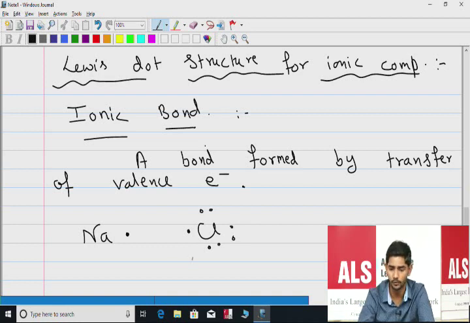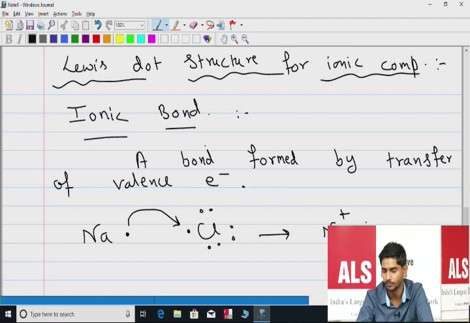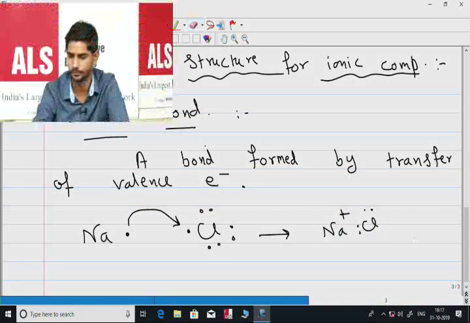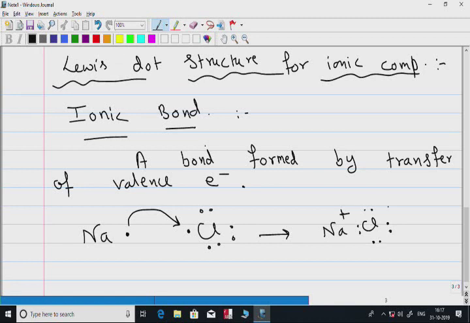So what will happen if sodium donates its electron to the chlorine? Sodium will acquire a positive charge, whereas chlorine will have its octet with a negative charge.